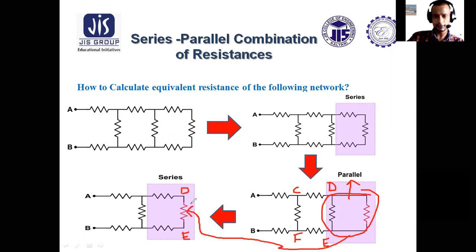So after combining these two resistors in parallel, we'll get one single resistor in between D and D. Now in between C and D, there is one resistance, this resistance, and in between E and F, there is another resistance. So see, now you have one path to reach at F from C, and this is another path.